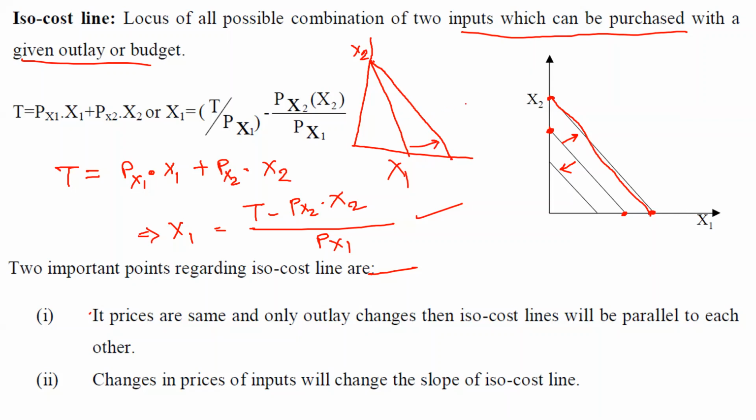It will move outwards, and the slope of the isocost line changes. And suppose the price of X1 increases, it will move inward, or move in the clockwise direction in this way, and it becomes steeper. So when the price of inputs changes, the slope of the isocost line will change, and when the income increases, there will be just a parallel shift in the isocost line.